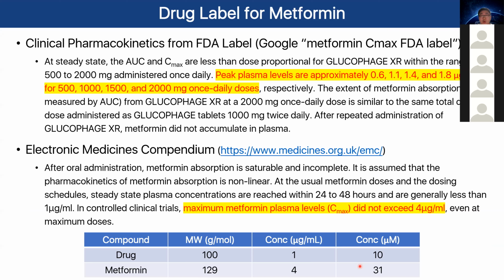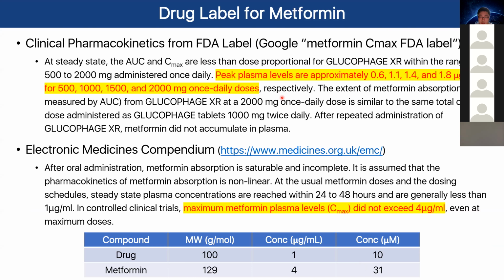So this is basically an example to tell you how to find the Cmax, or maximum concentration, you can achieve for metformin. Metformin is an approved drug, so you can quickly look it up. You just Google metformin Cmax FDA label, and you can come up with all this information. This is basically listed on the drug label. They're supposed to tell you the dose, dose frequency, and also the Cmax, right?